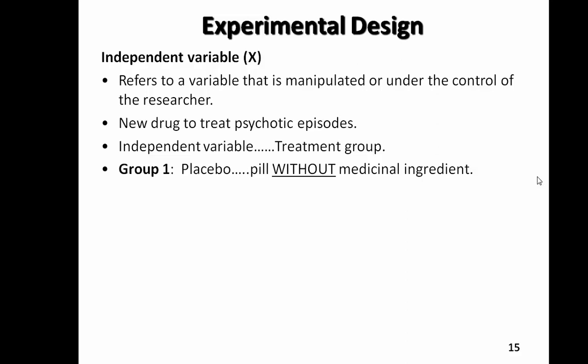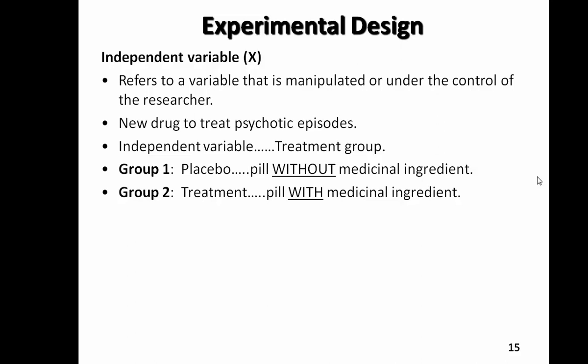research participants that would be randomly assigned to this group who would consume a placebo pill. And that would be a pill that does not contain the medicinal ingredient intended to treat the psychotic episodes. The second group would be identified as the treatment group, where the research participant would consume the pill that actually has the medicinal ingredient.